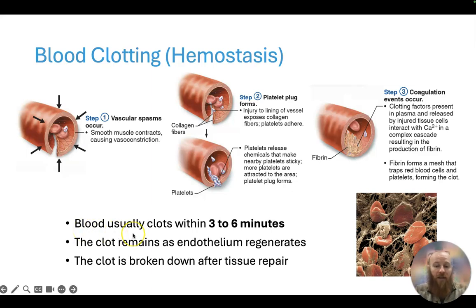Blood will usually clot within about 3 to 6 minutes. The clot remains as endothelium is regenerated, and ultimately that clot is going to be broken down after the tissue is repaired.